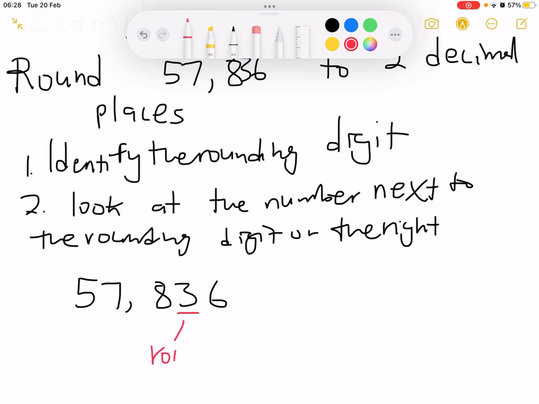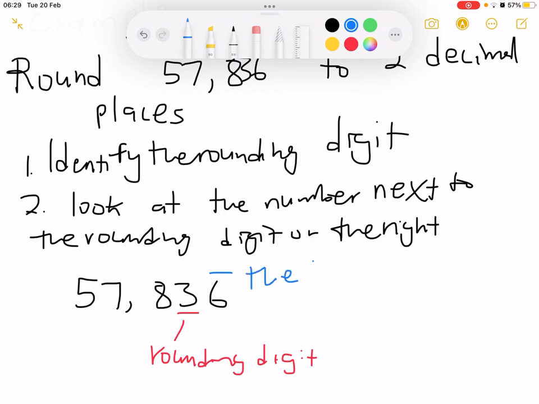So this is our rounding digit. And then the digit next to the rounding digit is a 6.